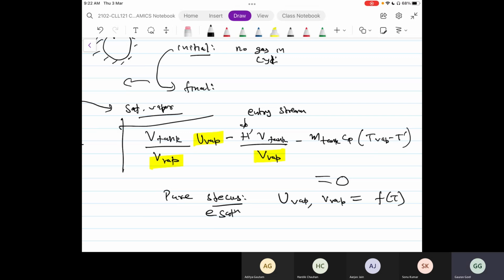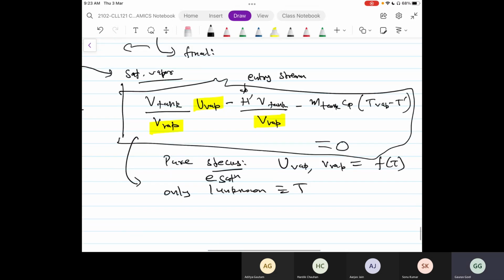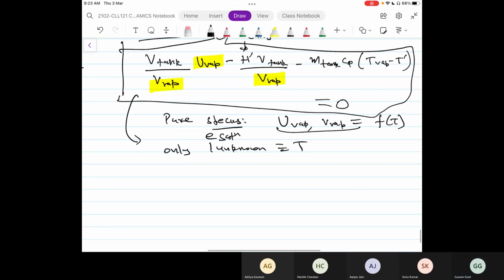Okay, so therefore in this boxed equation, I have only one unknown, which is temperature. And that is what I will solve. So these values are given in a table. You can fit cubic splines or use interpolation, whatever you prefer, to fit cubic splines to this data, and then use iterative schemes to solve for the temperature. Okay, so that will be the process of solving this particular problem.